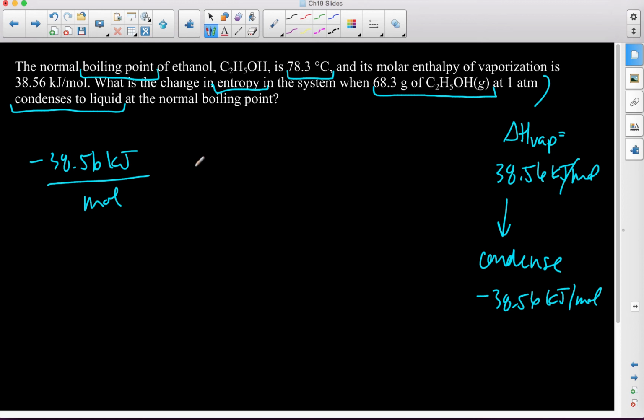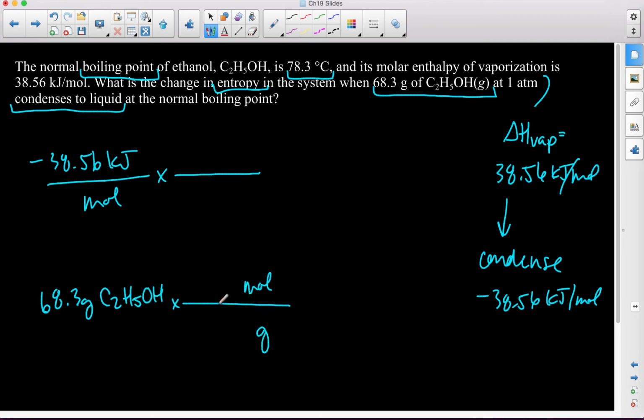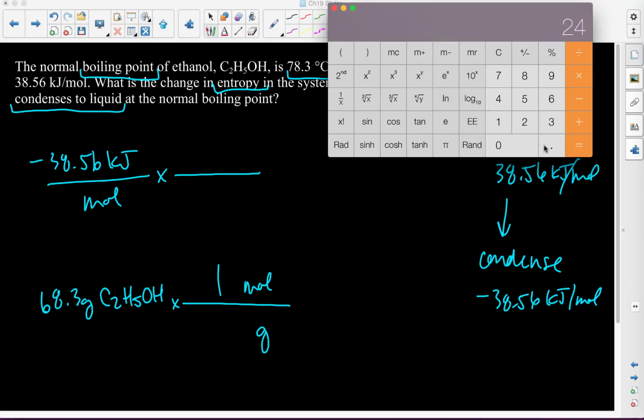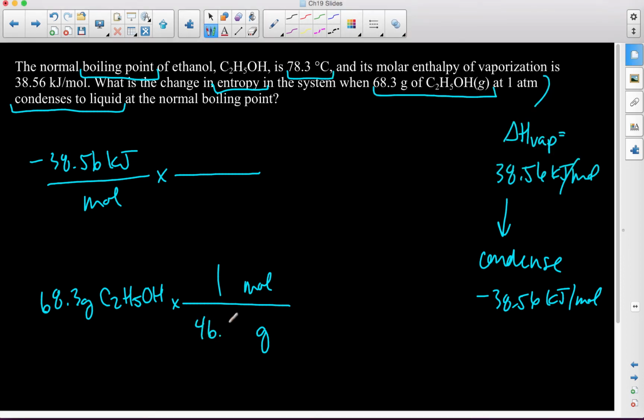It's like, all right, well, that's not incredibly useful on the front end, but we can put that down here. So 68.3 grams of C2H5OH, right? We can turn that into moles. We know we have 24.02 plus 6.06 plus 16, so we have 46.08 grams per 1 mole.